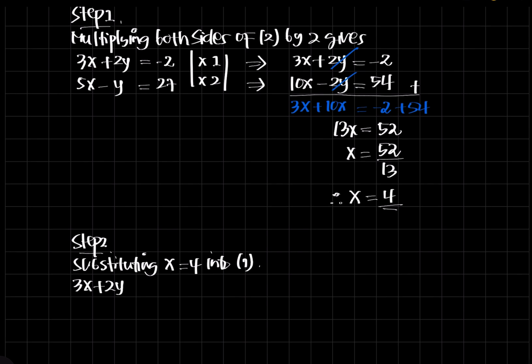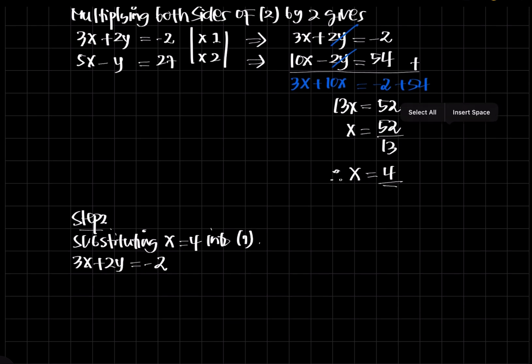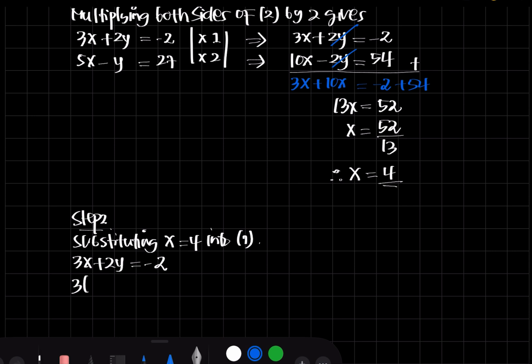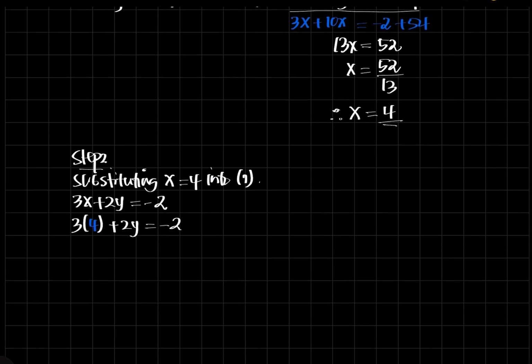Right, so now I substitute x: 3 times 4 plus 2y equals negative 2. Then this is 12 plus 2y equals negative 2.